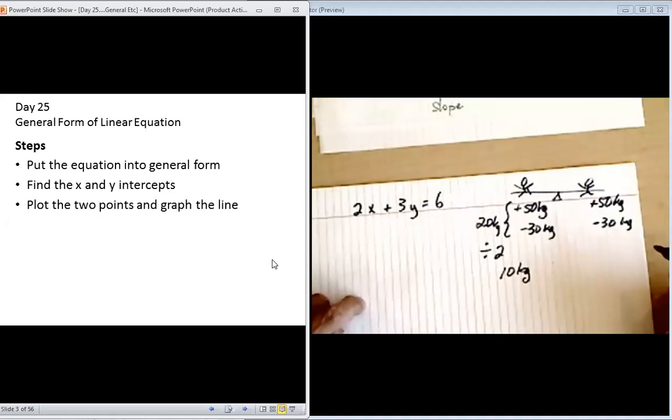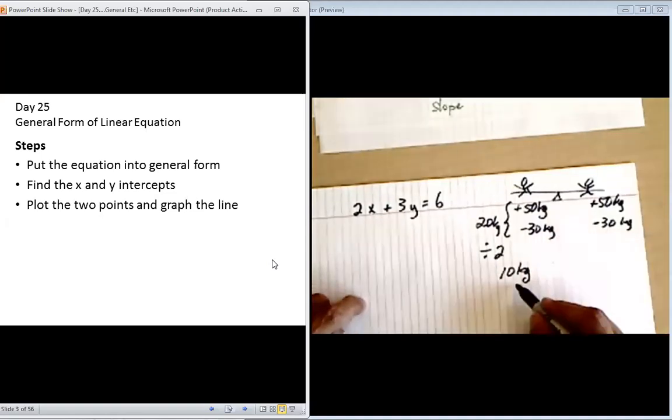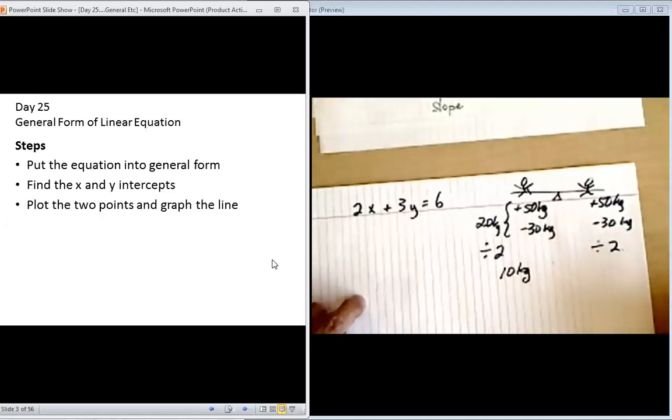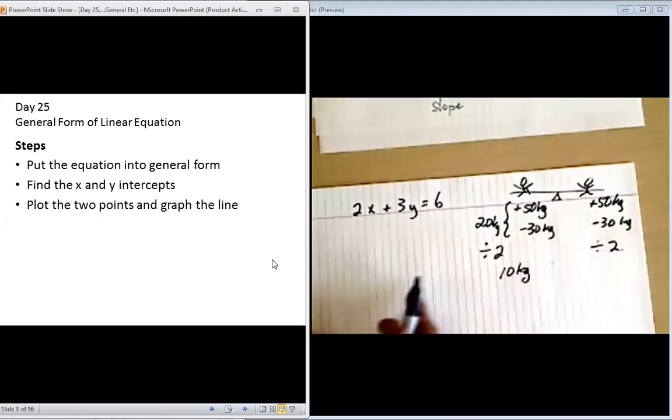We got 10 kilograms on this side and 20 still on that side. Nice. So you divide them both. So it's regular equals. Good. Okay.